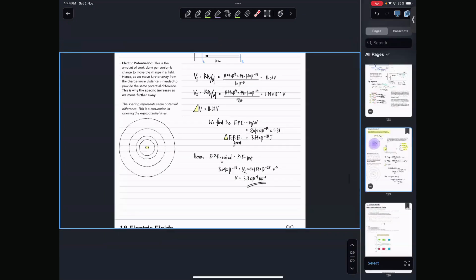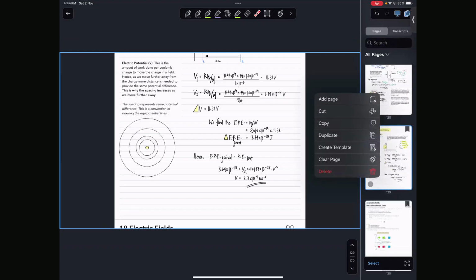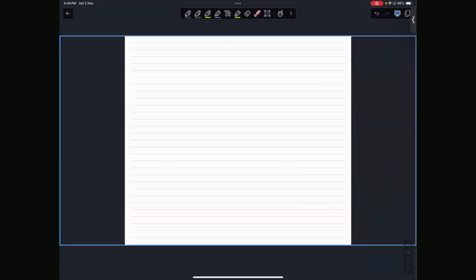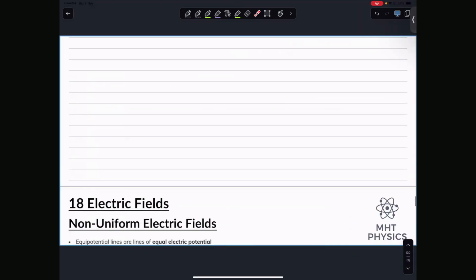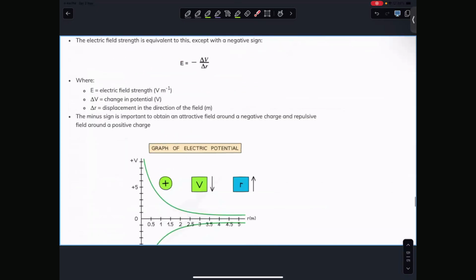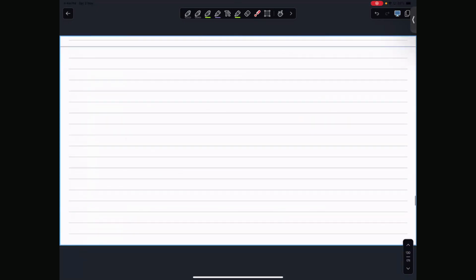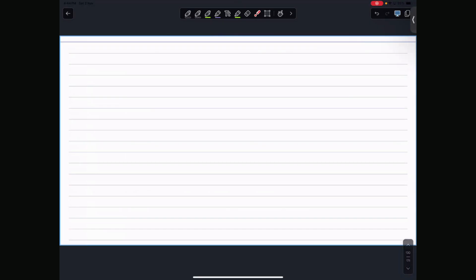Sure, before I do some questions, I'll do the graphs. So next to page 106, if you have a blank space there, we can draw the graph.